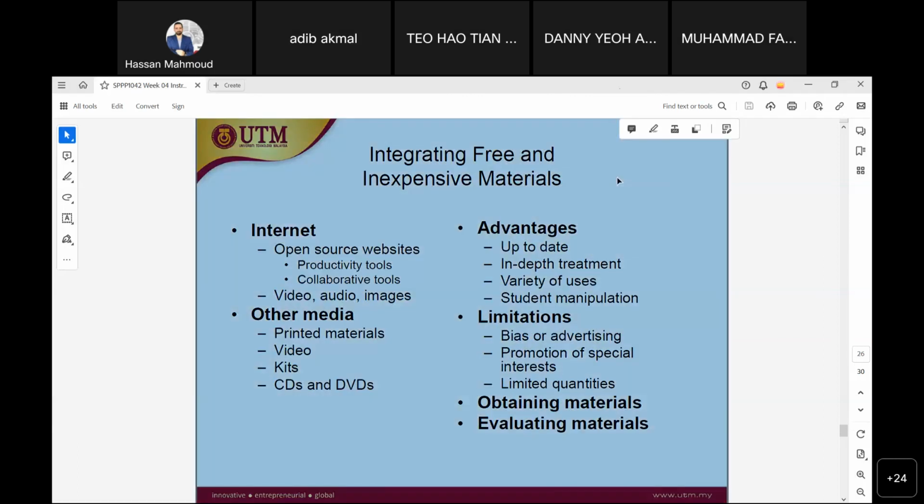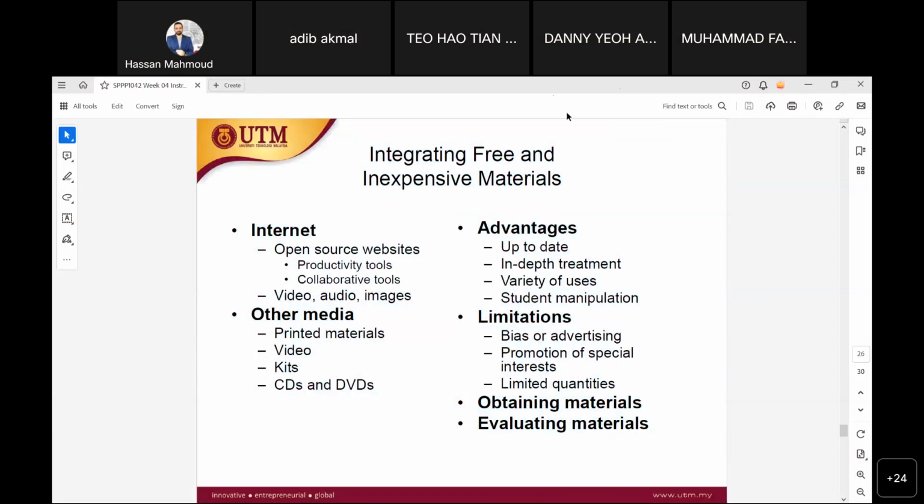We are exposed to tons of free materials on the internet, such as open source websites and Wikipedia. So whenever you include materials from the internet, you need to look for something that is not misleading, up to date, and related to the topic.